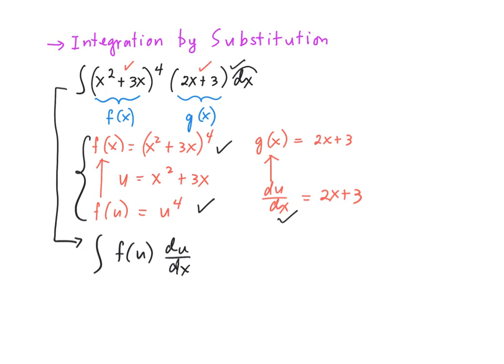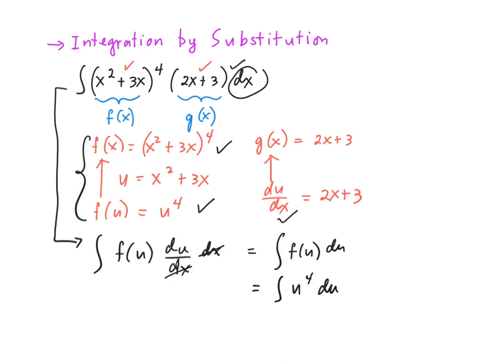And this dx will still be here, but you could sort of cancel it out. So we are able to come up with a much simpler expression. I'm sorry, it's just f of u du. And because f of u is u to the fourth, we now have an expression which we actually know how to integrate.